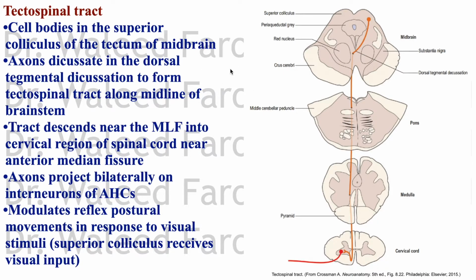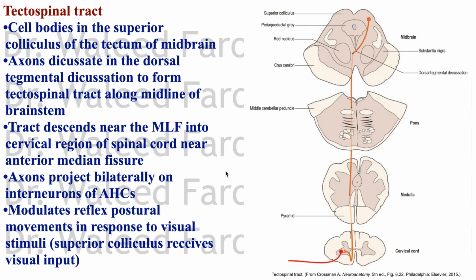Cell bodies in the superior colliculus of the tectum of the midbrain form the tract, and axons decussate in the dorsal tegmental decussation, as you can see here, to form the tectospinal tract, which descends along the midline of the brainstem. Then it descends near the MLF into the cervical region of the spinal cord, near the anterior median fissure of the spinal cord.